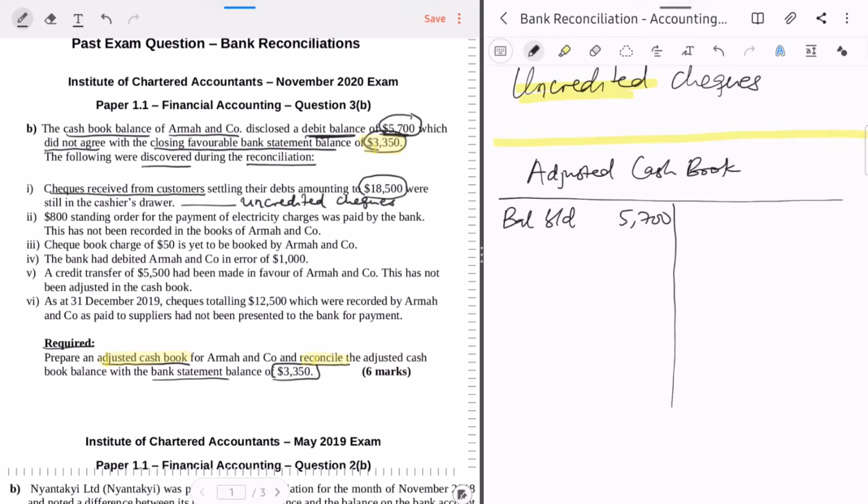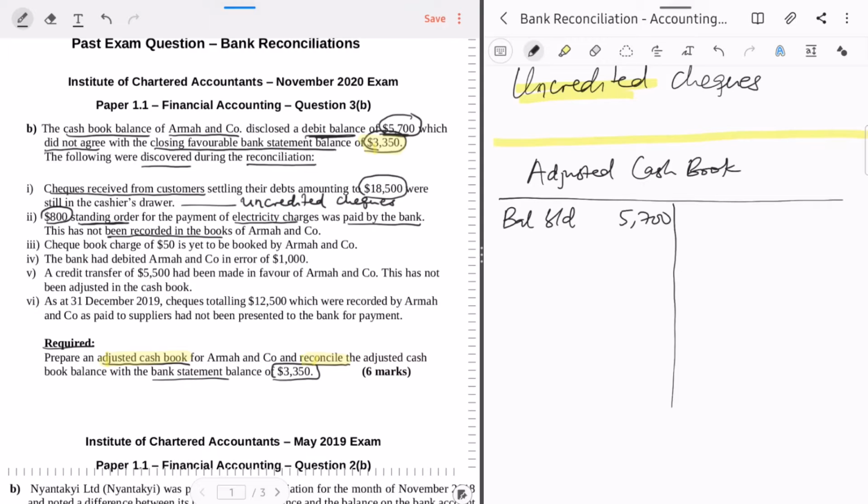The next, they are saying $800 standing order for the payment of electricity charges was paid by the bank. This has not been recorded in the books of AMA and Co. Now, like I told you earlier, if the bank makes a payment from your account, what would they do?